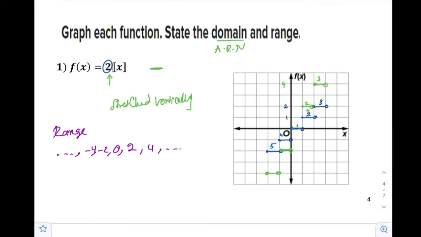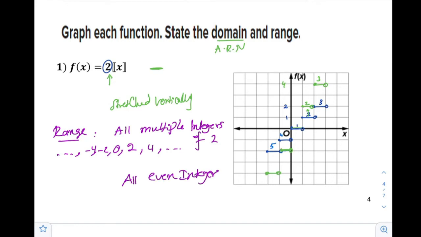So my range will be all integer multiples of 2, or you can say all even integers.